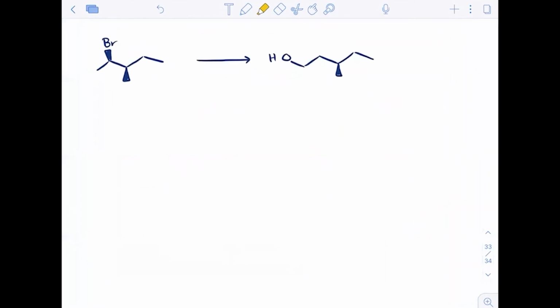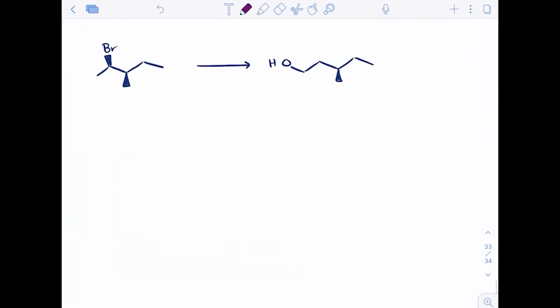Let's do it again. All right, did the number of carbons change? Don't forget to count that one. No, the number of carbons doesn't change, but the location changes from the bromine to the product alcohol. So what again do we want to think about? How do I make an alcohol on a less substituted center? That's a great question.